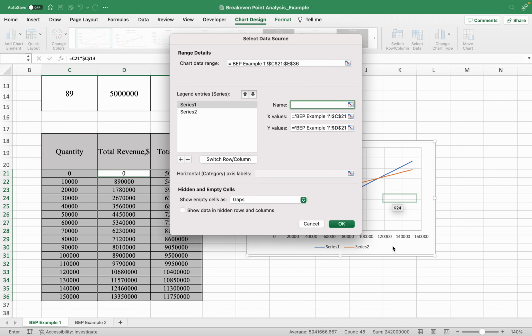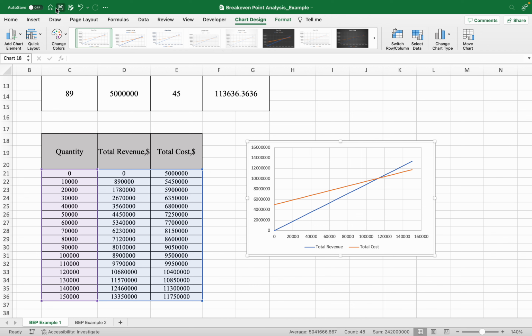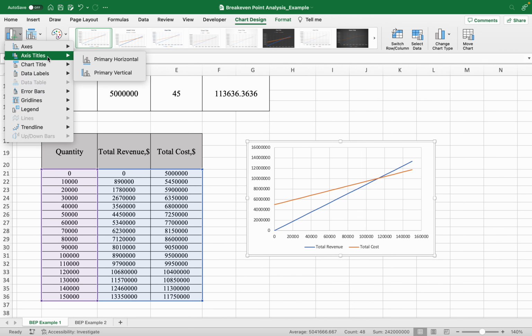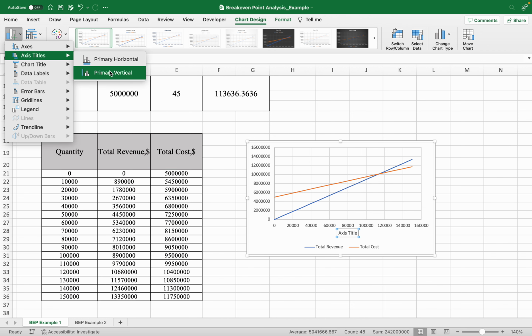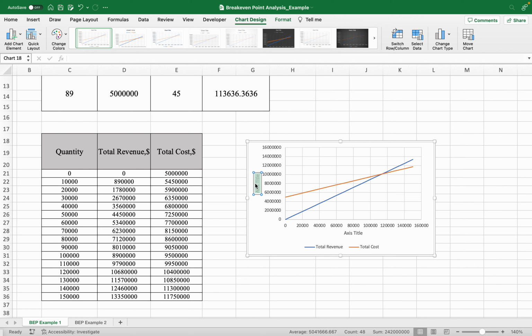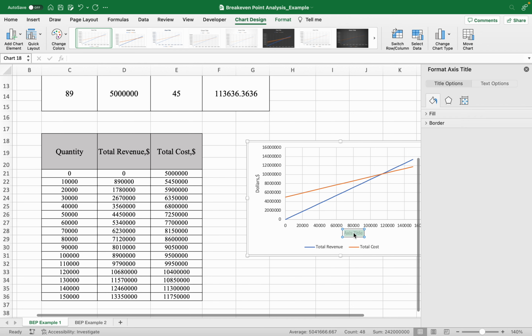The blue line would be the total revenue, and the orange line would be the total cost. Okay, and let's insert axis titles. This would be total revenue and total cost, but for simplicity, let's just call it dollars. And the bottom would be the quantity, like this.